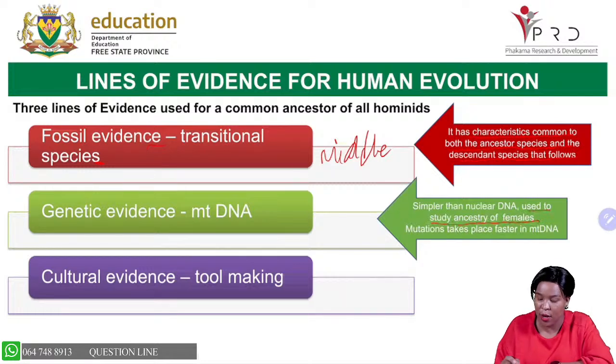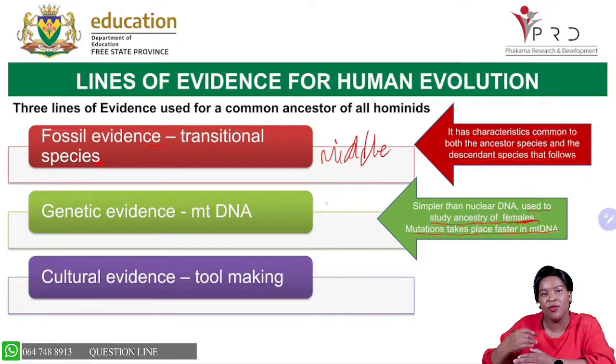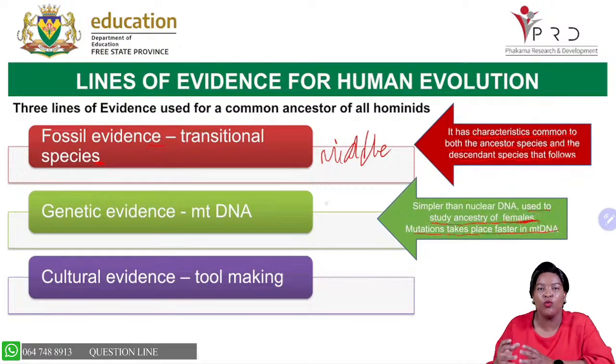So that is why the females are the ones that we are able to trace the mitochondrial DNA from. So we also study the mutations that take place in mitochondrial DNA, to prove that this is how evolution takes place, or to prove the relatedness of the humans or human evolution.